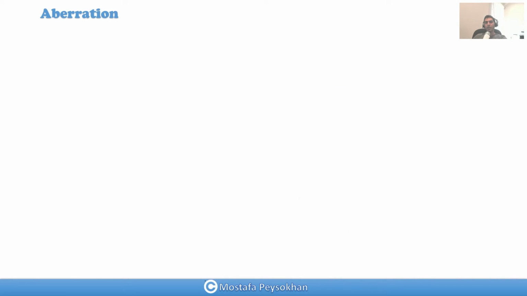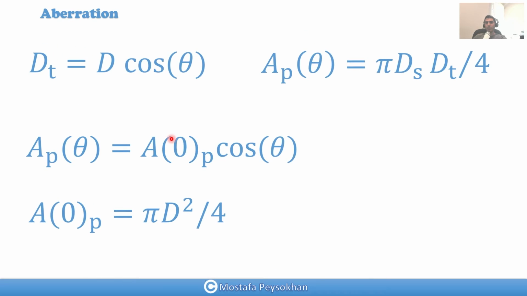Looking at this equation again, dt is a function of cosine theta, Ap is pi ds dt over 4, and now we can say Ap, which is the total area, is A0 of p, which is the area at theta equal to 0, times cosine theta.